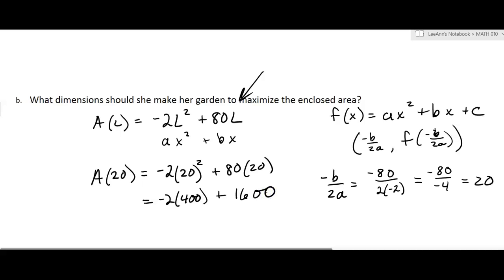They don't even want to know the area. You don't have to do this part. It just says what dimensions should she make the garden, but I'll just tell you. I started it. So the area for her garden is going to be 800 square feet. But they didn't ask that. Shoot. What they wanted to know was the dimensions.